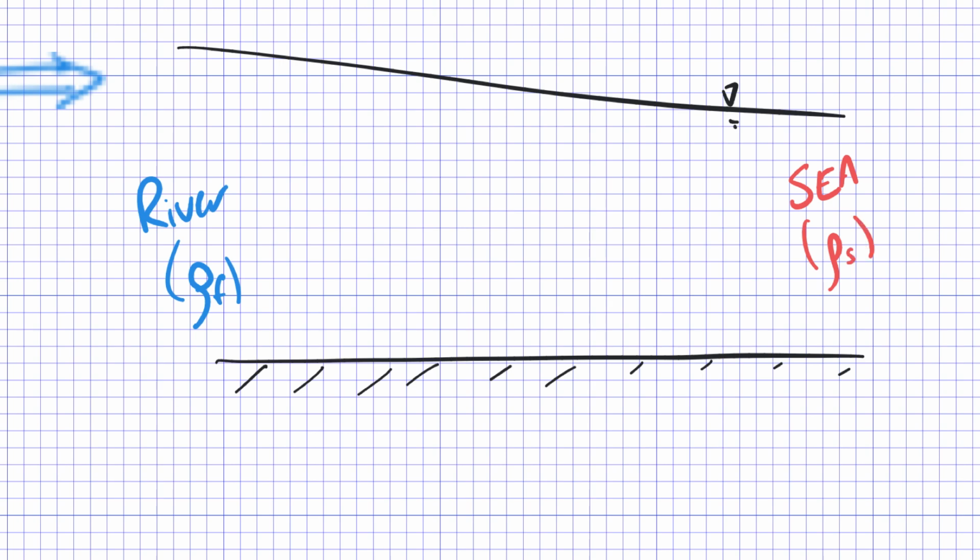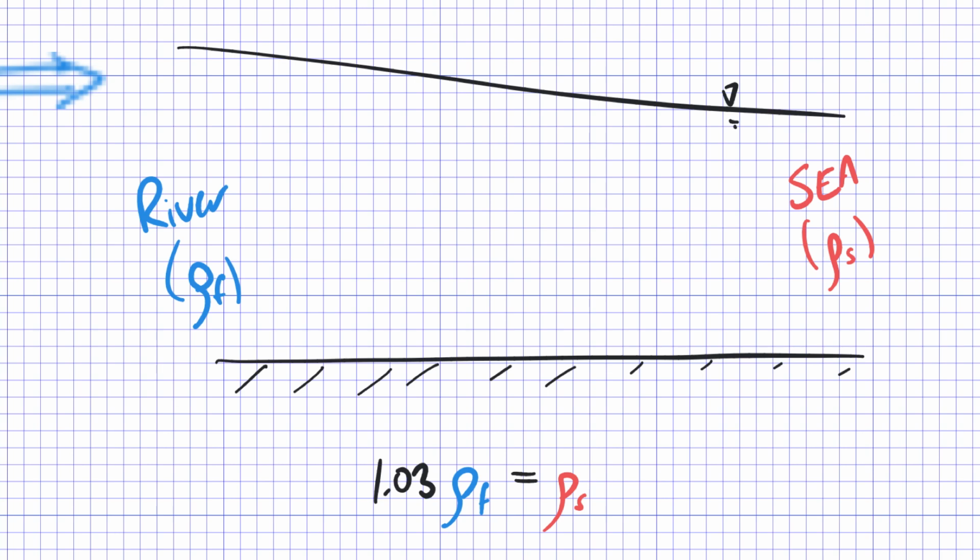Now the comparison of these two, generally speaking, is that the rho of the freshwater versus the rho of the saltwater, they're not equal. Usually it's about 1.03. The saltwater is about 3% more dense than the freshwater.